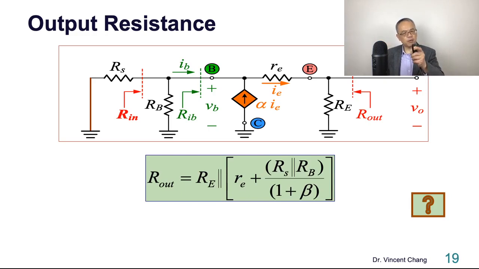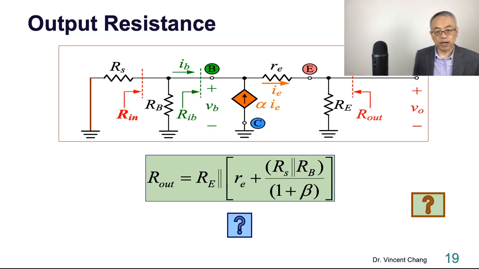So you need to think about why it becomes automatic, right? Autopilot. It's divided by 1 plus beta because you've used it so many times. But sometimes you have to pause and ask yourself, why? Why do I divide the base guy by 1 plus beta?